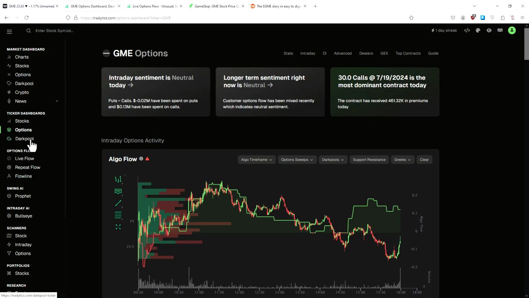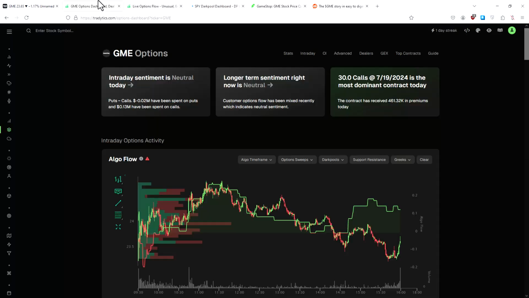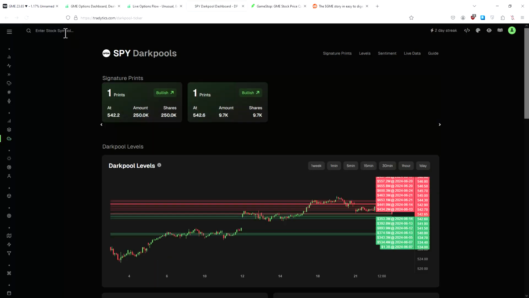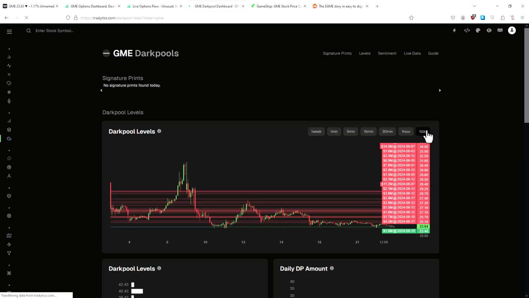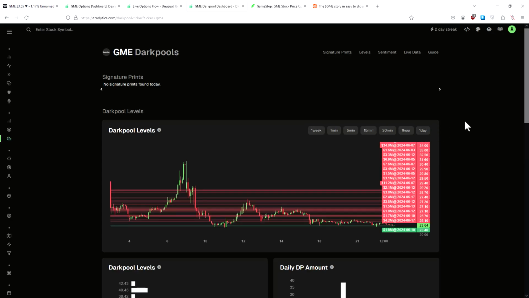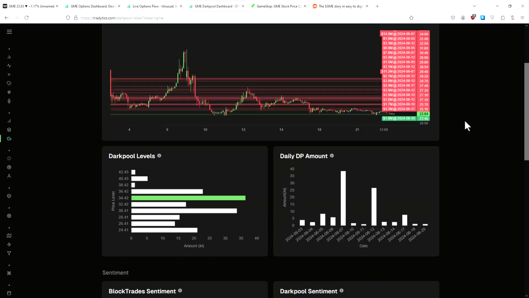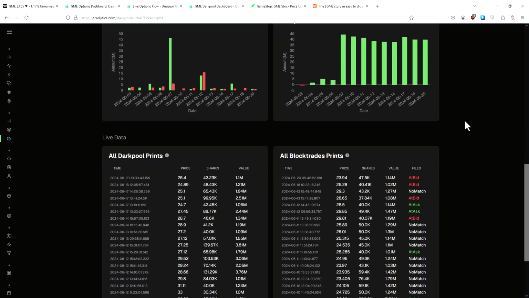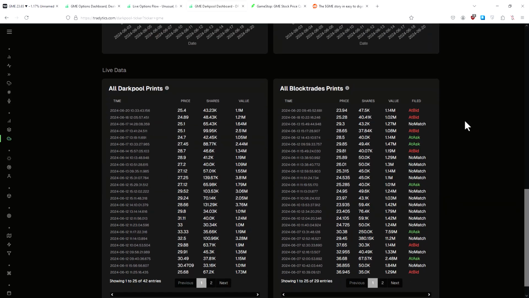One more thing we'll look at: the famous dark pools. Let's go see what's going on here. If you look, we haven't really had any dark pool trades since the 20th.